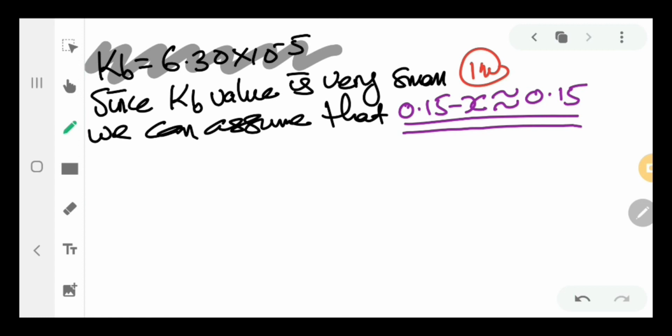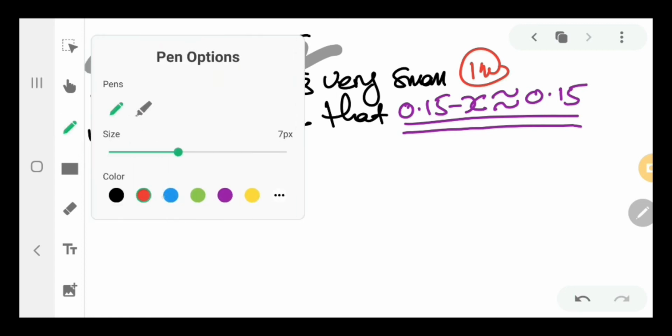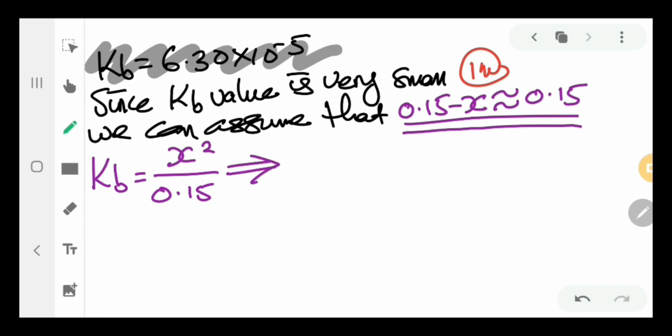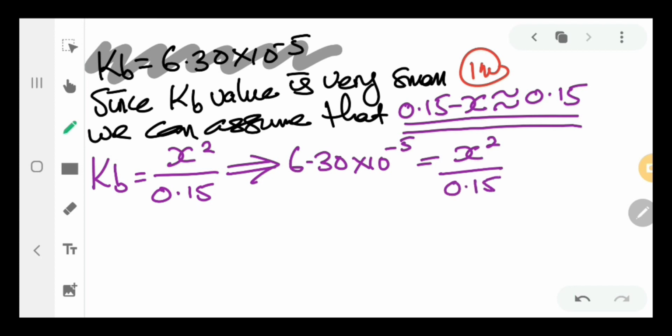Now the Kb expression will look like this: X squared over 0.15. So when we plug in the value of Kb, 6.30 times 10 to the power of negative 5 equals X squared over 0.15.